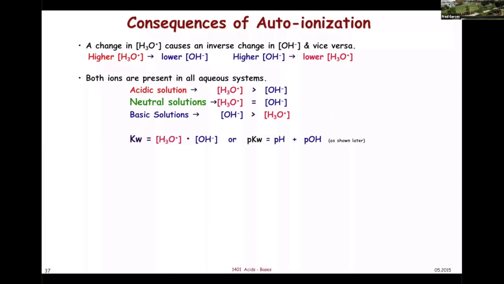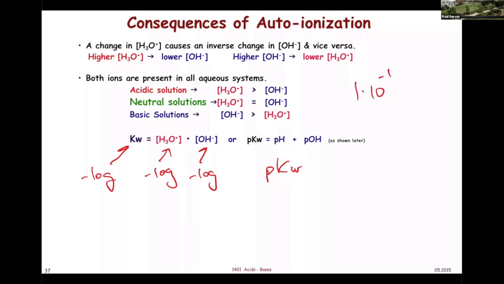Okay, hydronium and hydroxide. If you take the negative log of all of these, you get an amazing equation: pKw, which when you have 1 times 10 to the minus 14 is 14, is equal to the pH plus the pOH.